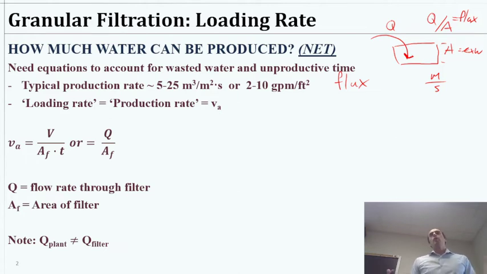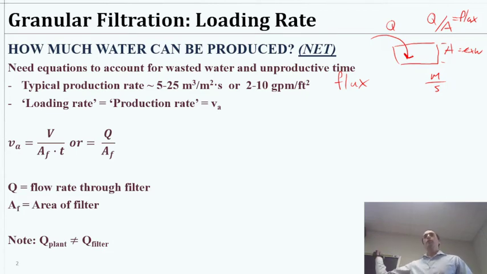Okay, so with that type of terminology, and we see it written here as 5 to 25 cubic meters per square meter per second, we could see very easily that's 5 to 25 meters per second of water through the filter.